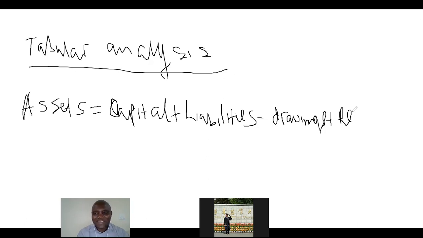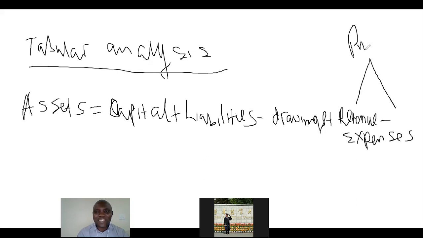So you're adding revenue, then less expenses. Please just write this. It will help you to get that 20 marks easily. These two, like I said, that is what we are calling profits.